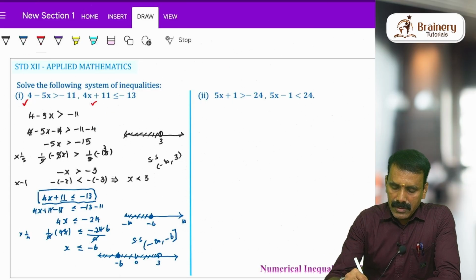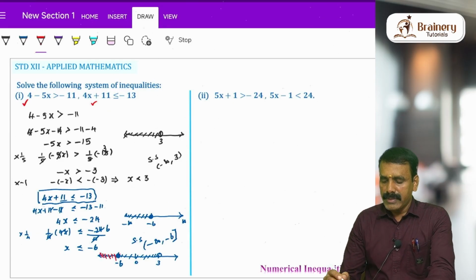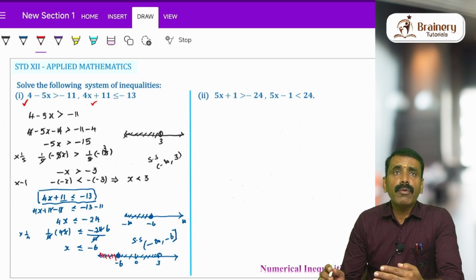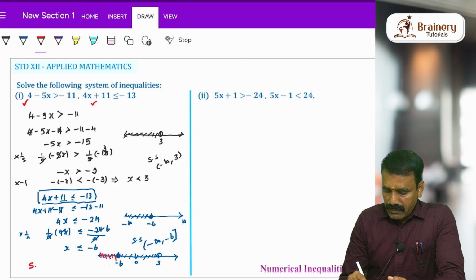So we shade like this. Now what is the common region for both solutions? The common solution set will be minus infinity to minus 6, closed.